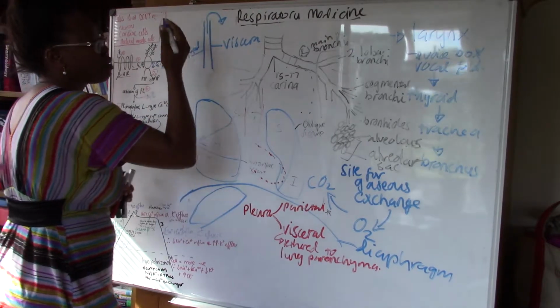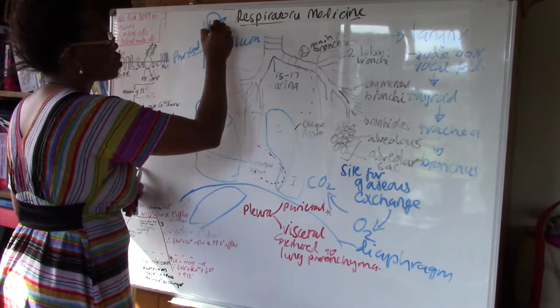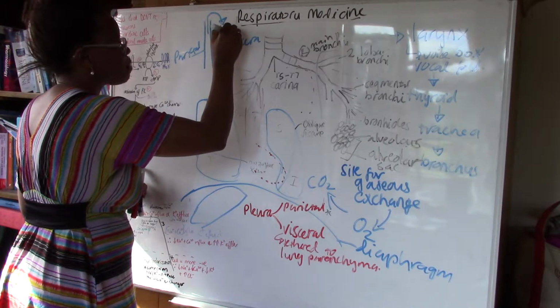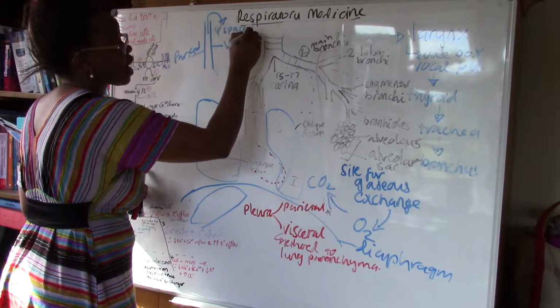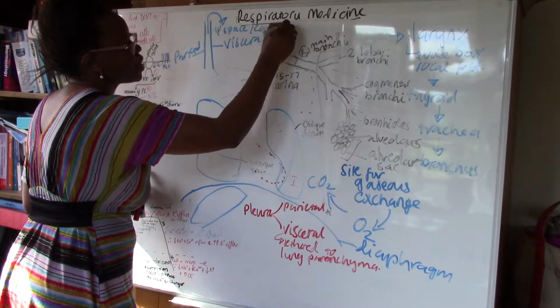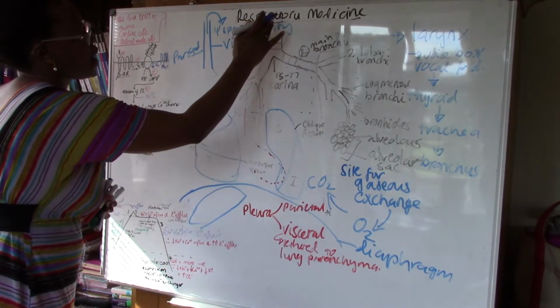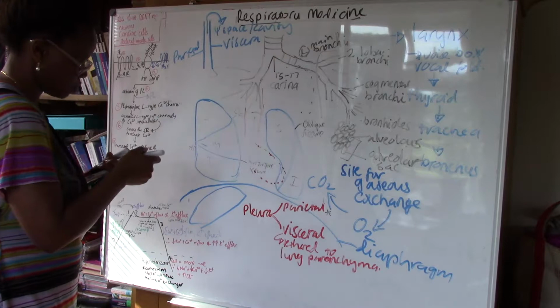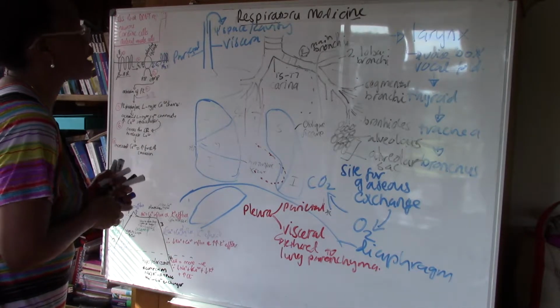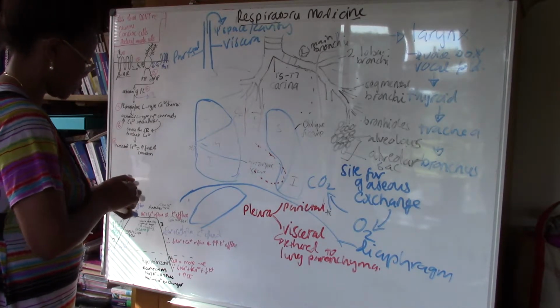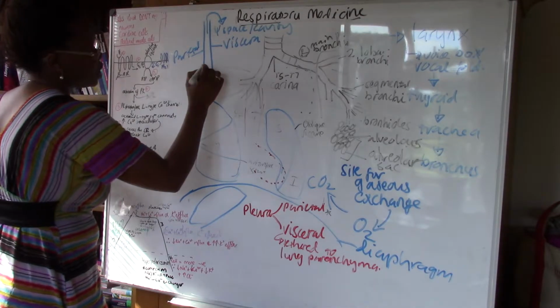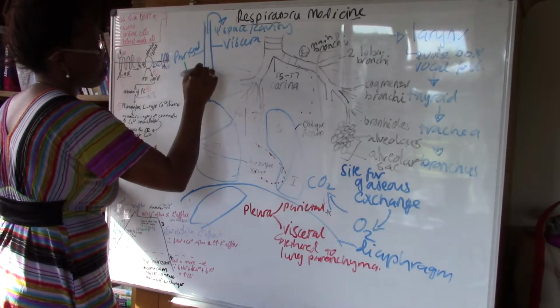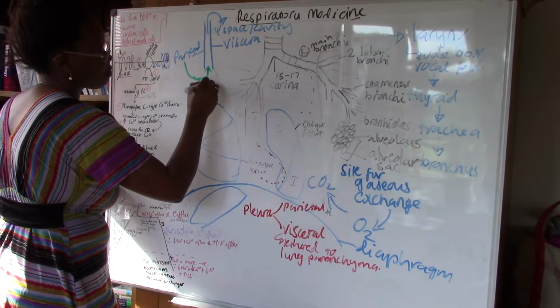It's not really a space, let's just say it's called a potential space, a potential cavity. And that potential cavity has inside it serous fluid that is secreted by the parietal pleura.